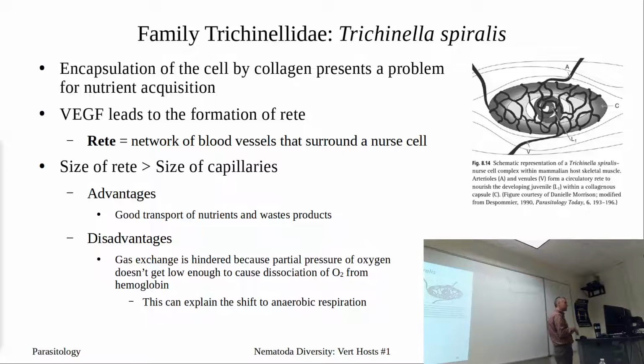But the downside is associated with gas exchange. If you have a large blood vessel, gas exchange is actually hindered because the partial pressure of oxygen at that point won't ever get to the level where oxygen will become dissociated from the heme group in hemoglobin.